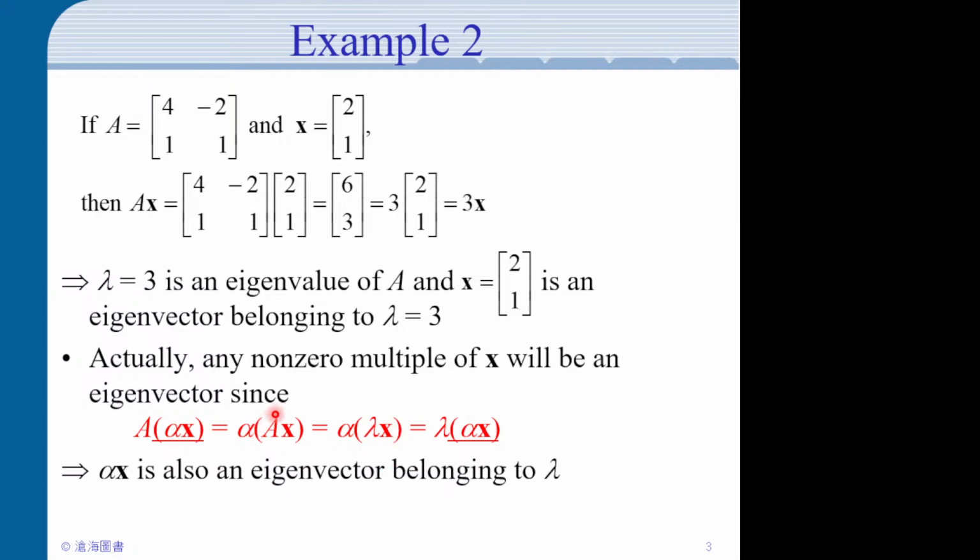Then it's alpha times Ax, and Ax is lambda x, so it's lambda times alpha x. So if x is an eigenvector, then the whole line spanned by x consists of eigenvectors, with the same eigenvalue lambda.